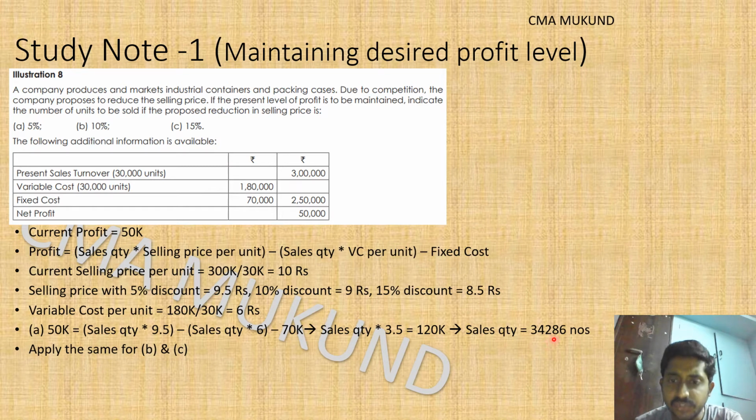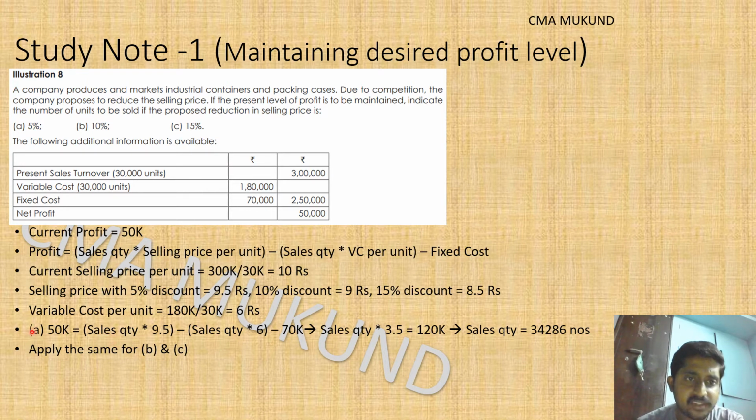To achieve this, you have increased your sales from 30,000 units to 34,286 units, still maintaining the same profit, though you have reduced your selling price by 5%. So I think you will now be familiar with the complete formula.